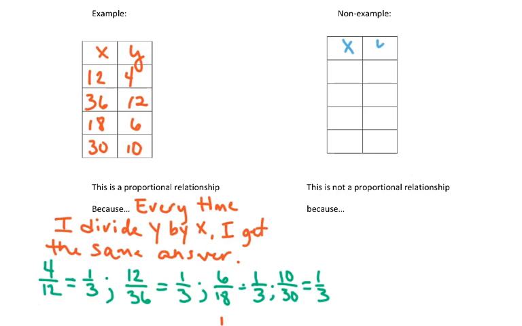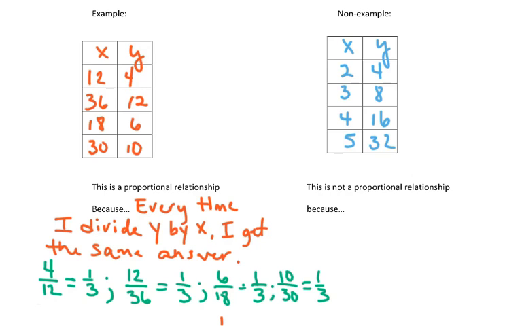So if I have a table of x's and y's, and I have 2, 4, 3, 8, 4, 16, and 5, 32. There is most definitely a pattern, but in order for this to be a proportional relationship, the y value divided by the x value has to equal the same thing every time.